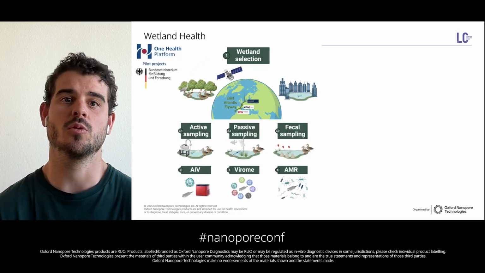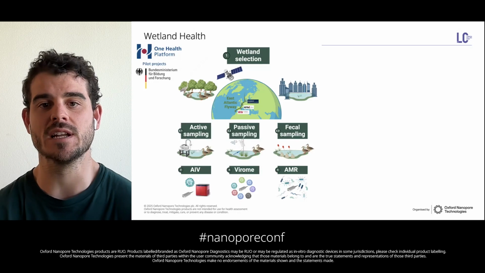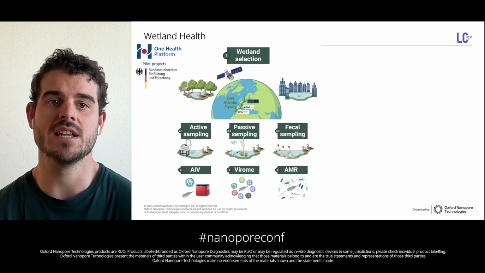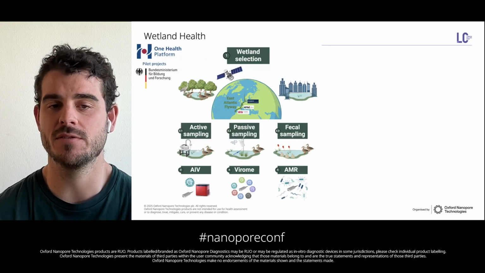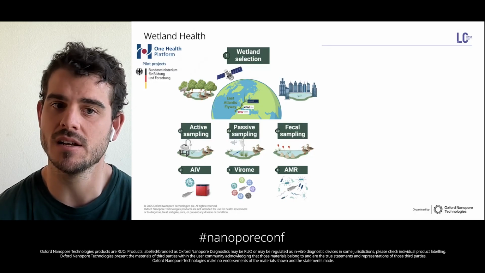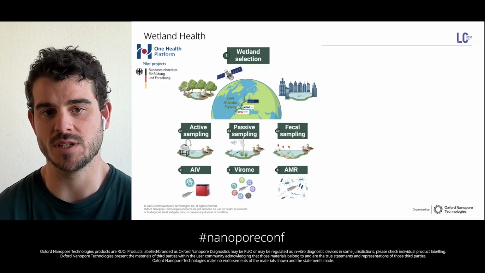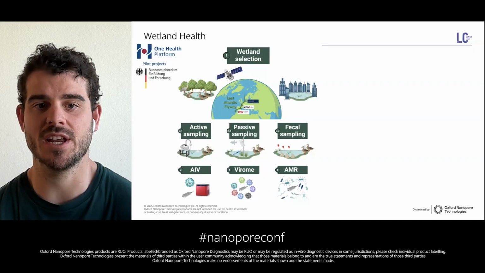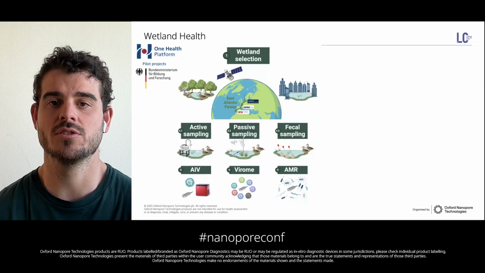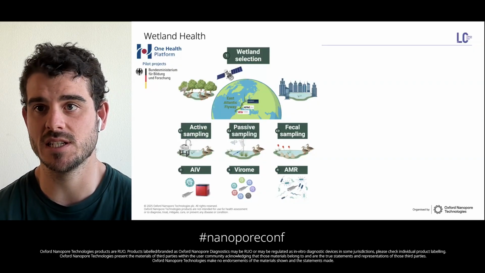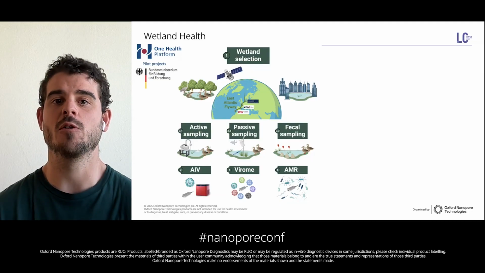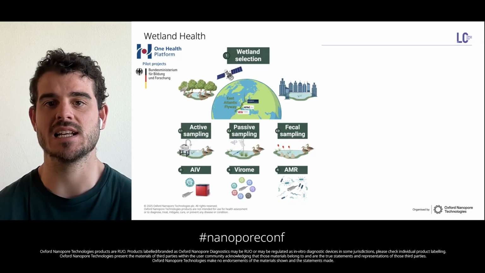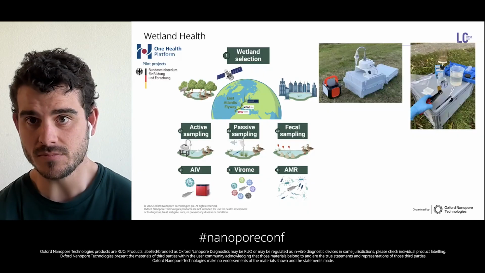So in each of these wetlands, we collected different environmental samples, and in each of these samples, we tried to detect the avian influenza virus by quantitative PCR, but also sequencing the positive samples. Also, we performed a general virome analysis and also the detection of antimicrobial resistance genes in the bacteria microorganism. However, I will not have time to explain this last part of the project.